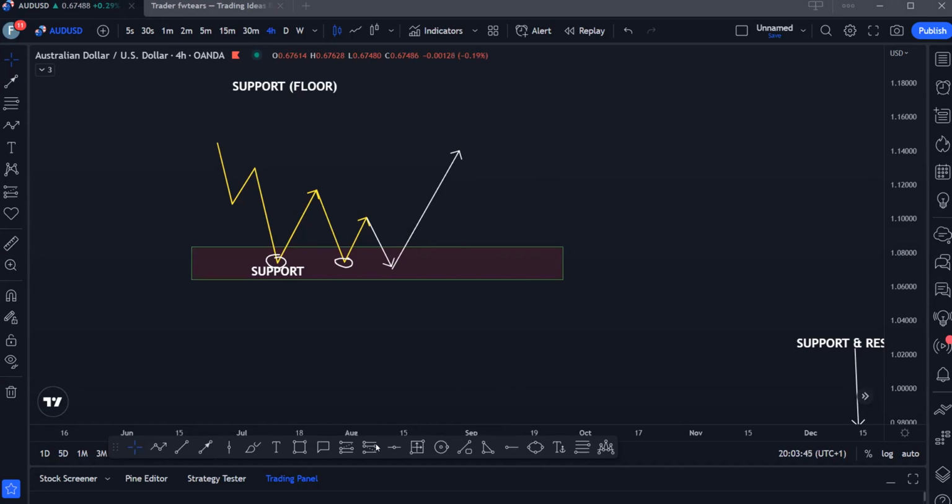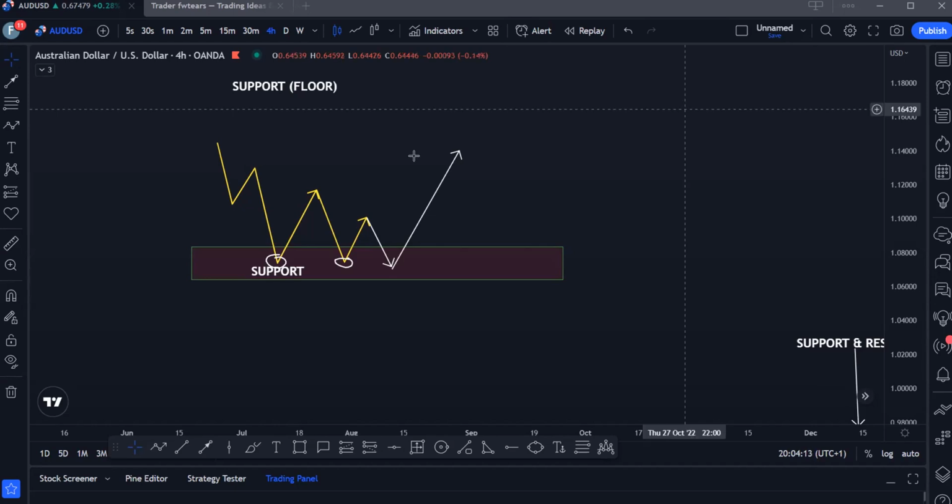So what support and resistance helps you identify are the zones where we should be expecting price movement, the zones where you should be trading from, the zones where you should be buying or selling. But in order for you to take entry in a support or resistance zone, you need further confirmation to get you in at a very good price, or not even get you in at all.